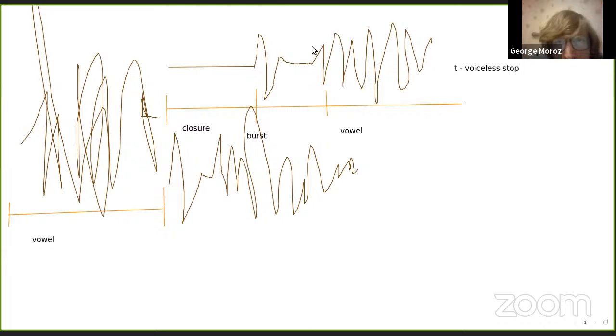So here is the burst, and then we have a line, and then we have a vowel, and then here we have a burst. Actually it's possible to have multiple bursts, but don't care. So for now it's one burst.